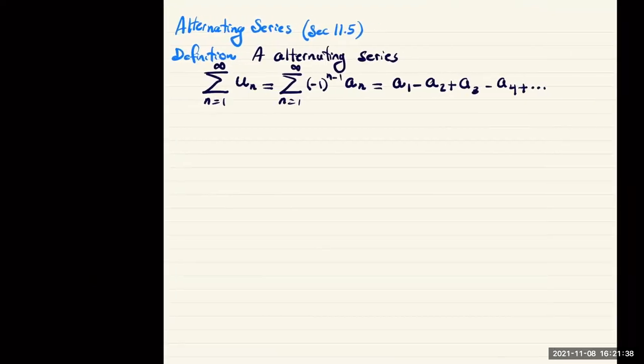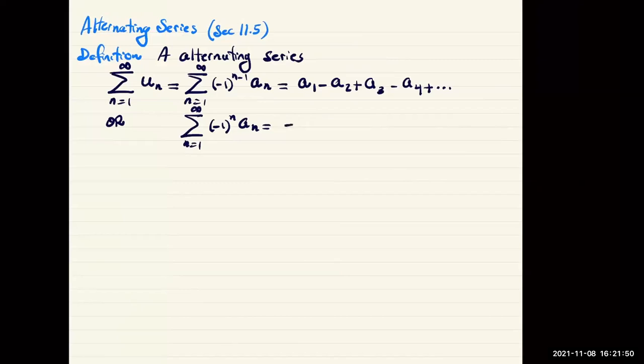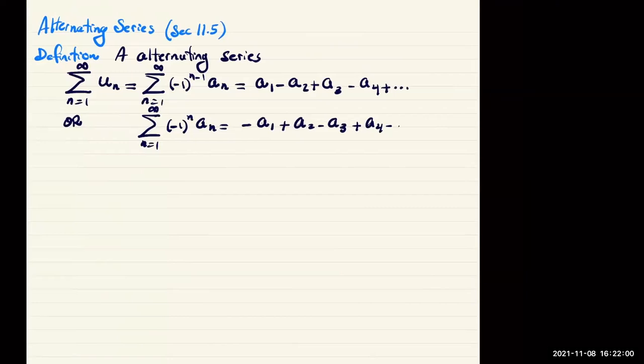So this could be in the form of the sum from 1 to infinity of -1 to the power of n times a sub n, which starts with -a1. Again, some alternating series have a negative first term and some have a positive first term.